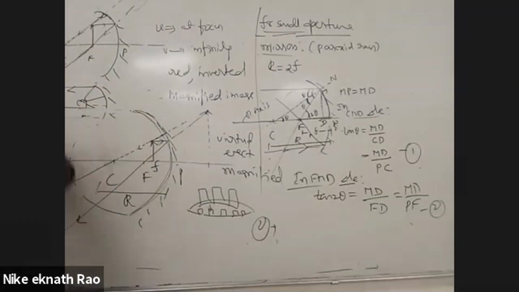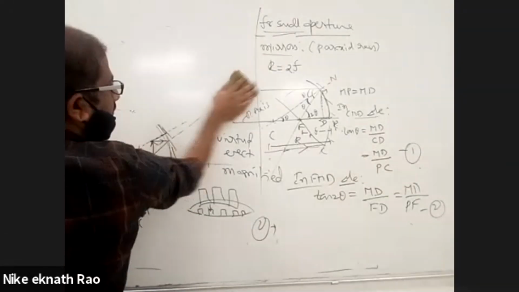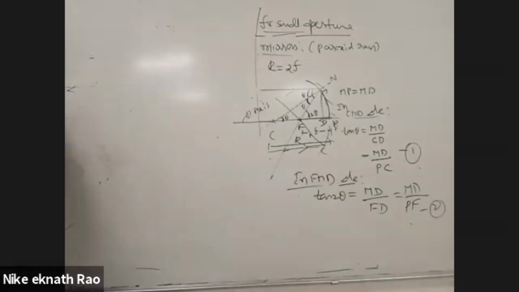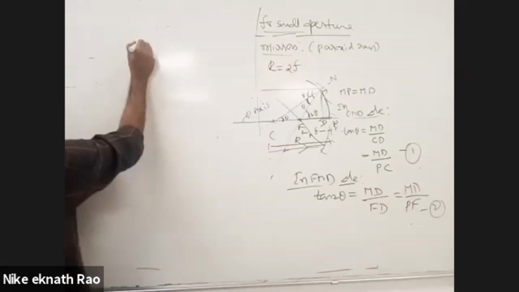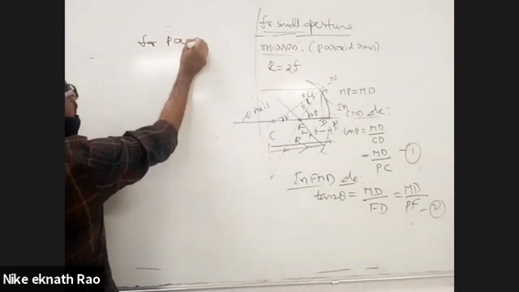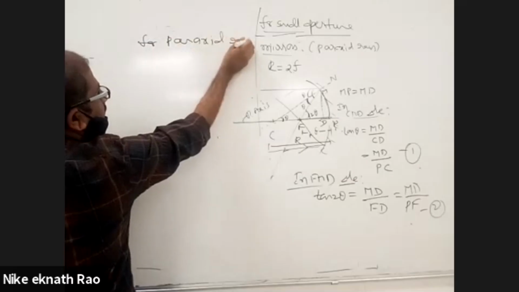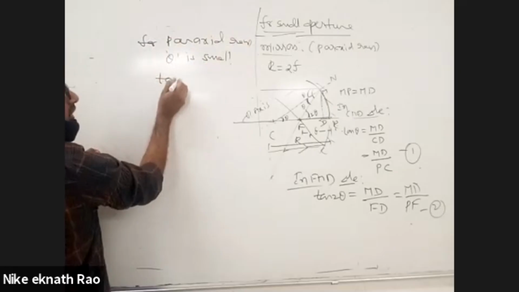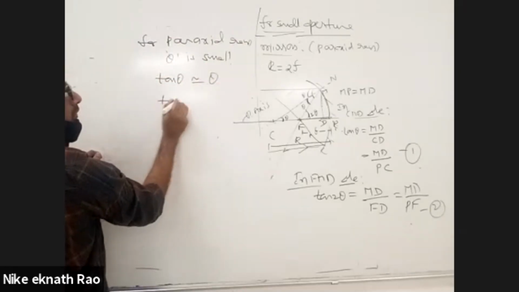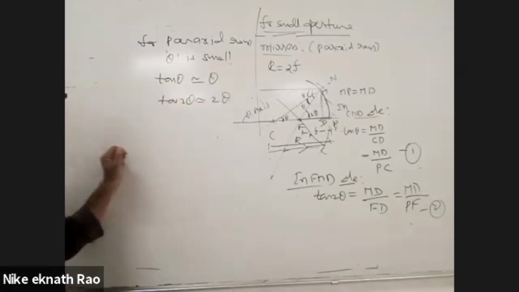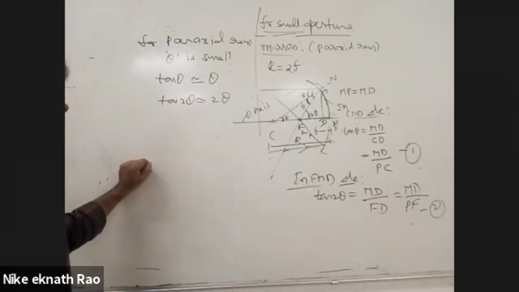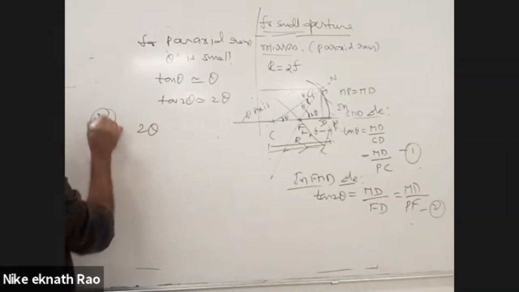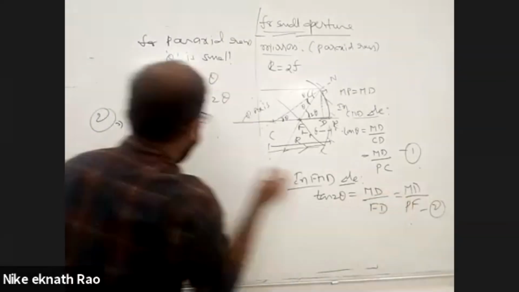For paraxial rays, theta is small. In that case, tan theta is equal to theta. For small angles you can make this approximation in radians. So tan 2 theta is 2 theta, which is equal to MD by PF.